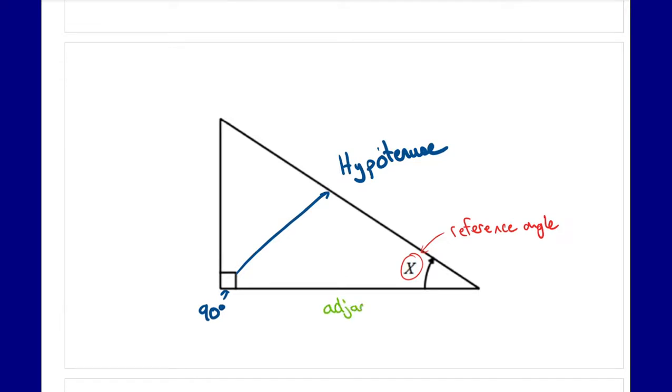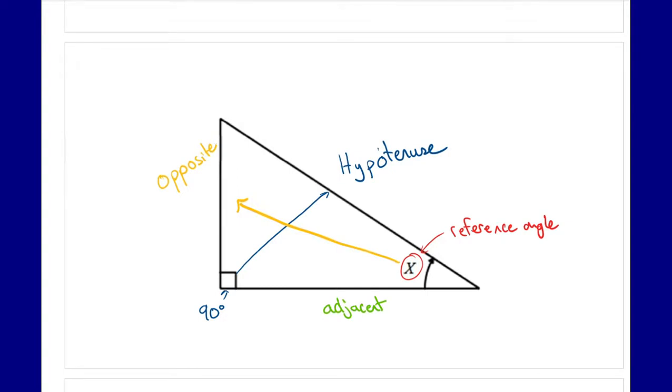Let me just change the font there to make it all consistent. So the adjacent is the side beside our reference angle, and the opposite is the side across from or opposite of our reference angle.